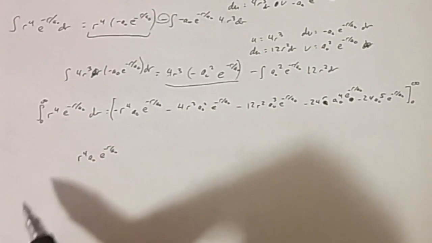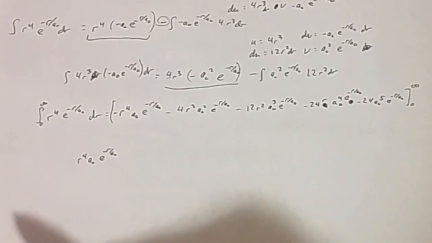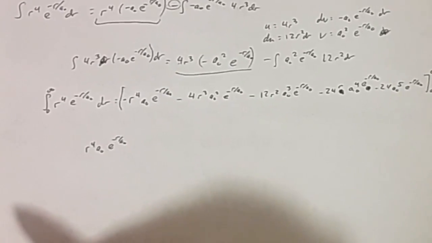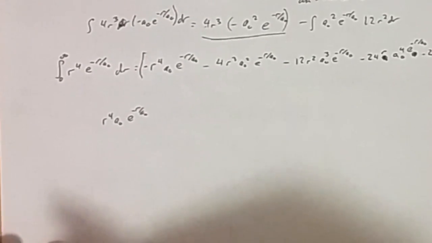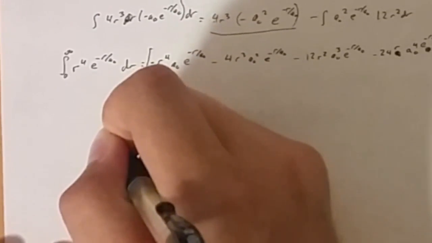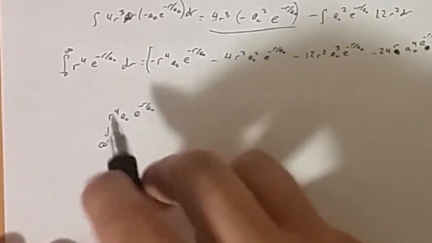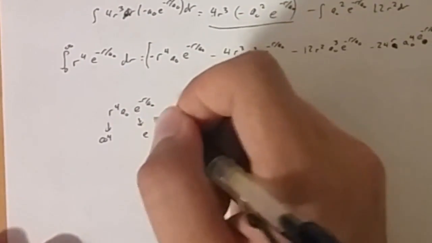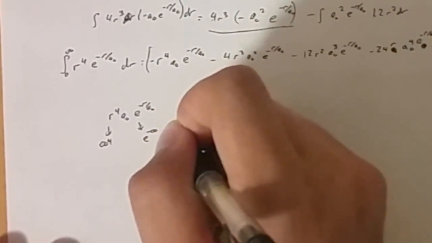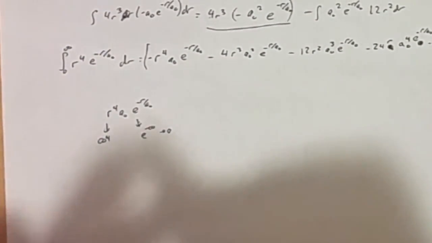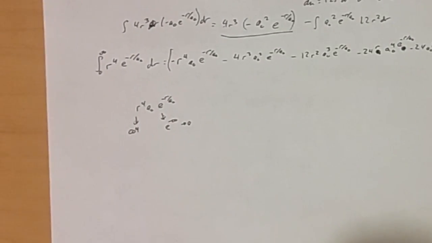So as we go to 0, well, let's start with infinity. As we go to infinity, this guy is going to go to a really big infinity, infinity to the 4th, and this guy is going to go to e to the negative infinity, which is 0. So you have a situation where you have infinity times 0. So this doesn't make sense. We can't really evaluate this as it stands right now.